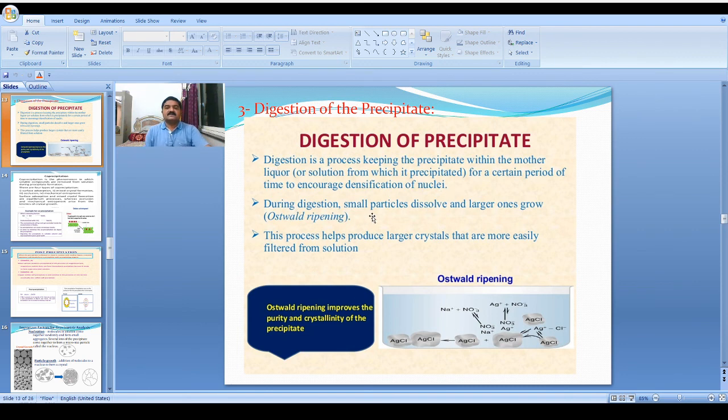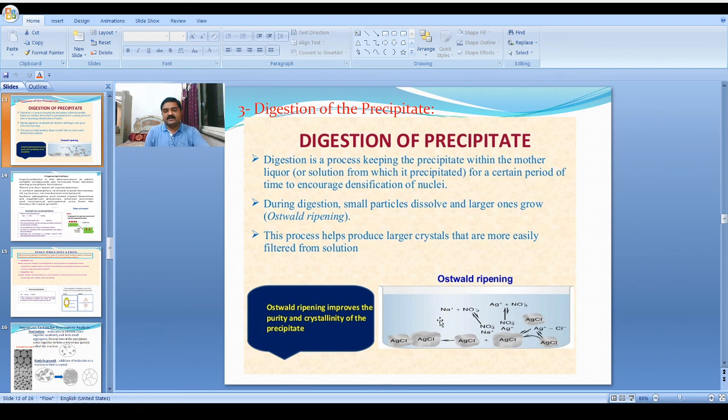During the digestion, smaller particles get dissolved and larger ones grow, in Ostwald ripening. So due to this digestion, the small particles dissolve and the larger ones grow. This is the Ostwald ripening process here. And this process helps to produce larger crystals that are more easily filtered from the solution.